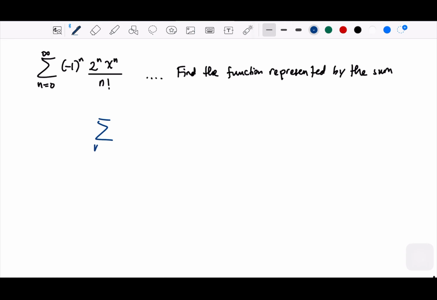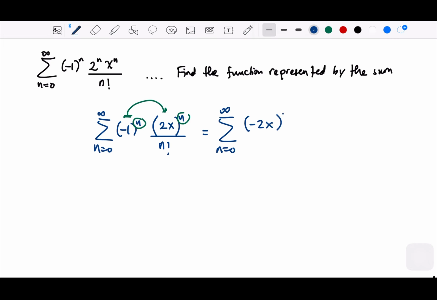So one way to see it, we can see the 2 to the n and x to the power of n as one part. So we can write 2x to the power of n, or even incorporate the negative, because it has the same n, right? So we can take it into one bracket, negative 2x to the power of n over n factorial.